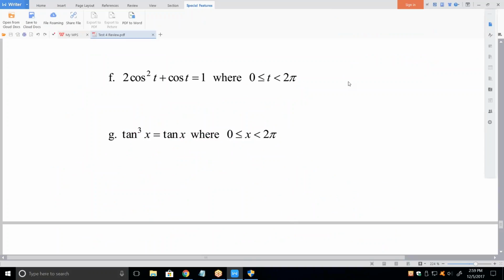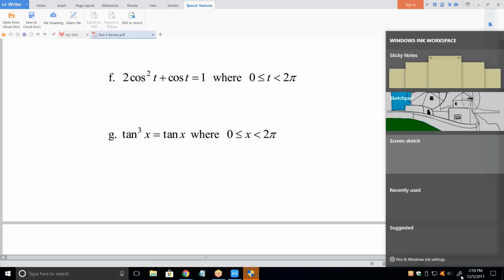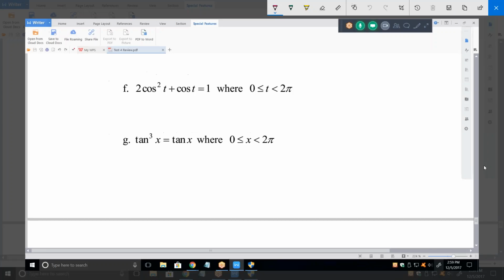Let me just say one thing about G and I'll let you go. We won't solve it. The first step, dividing both sides by tan x, is a problem. If I divide both sides of an equation by something that can be 0, and 0 is a solution, I lose that solution.